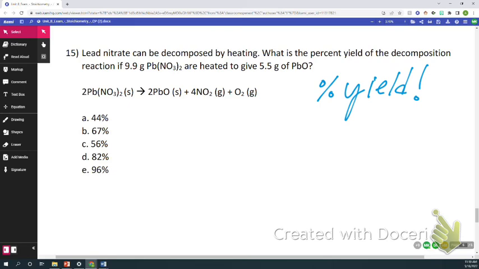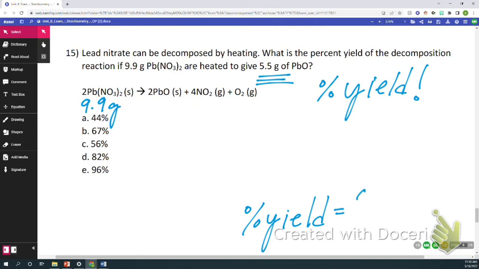Okay, what is the percent yield if 9.9 grams are heated to give 5.5 grams of this? They're not saying that this is something that you need. That part, the 5.5 right here, do you know what this is? Yeah, that's the actual. Very good.